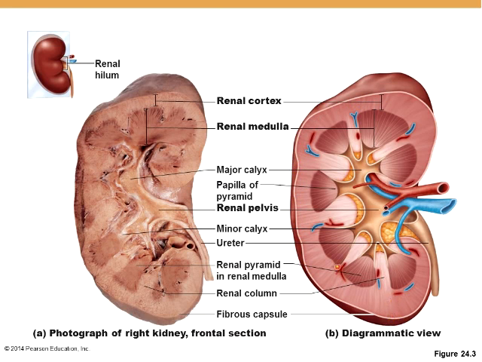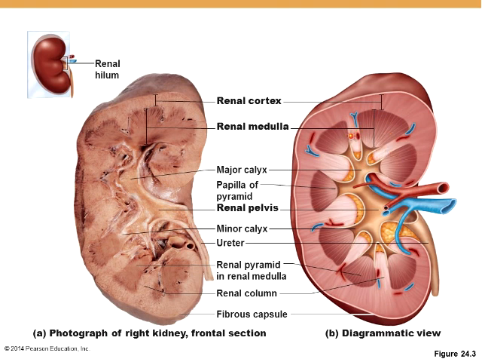So here's our outside cortex, and inside we see the medulla, which is really this part right here, and you see these little upside down pyramids that have the points pointing towards where urine is collected. So this is where the urine is filtered in these areas, the cortex and the medulla.